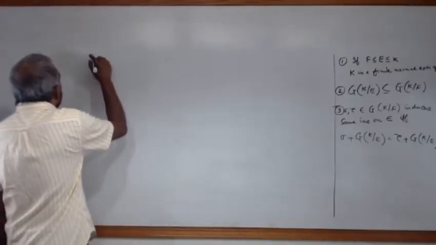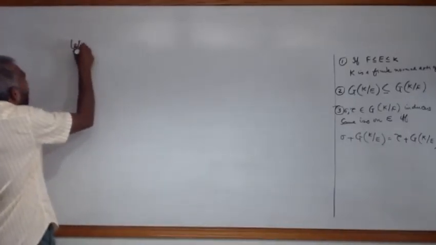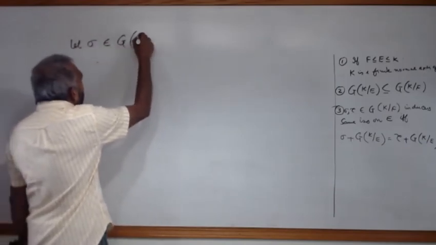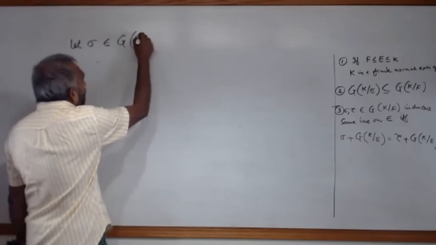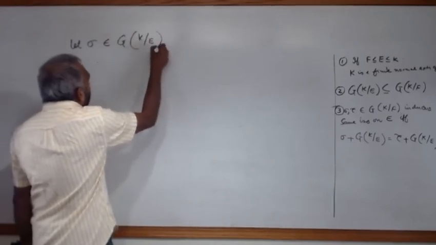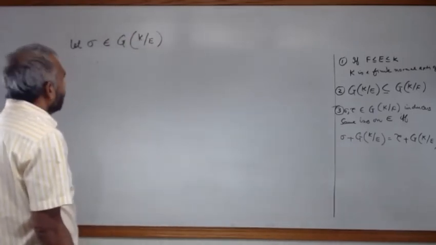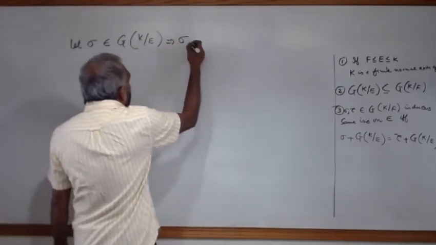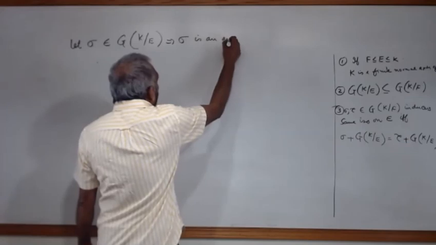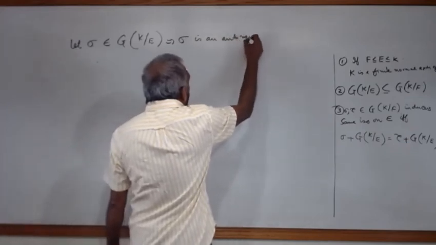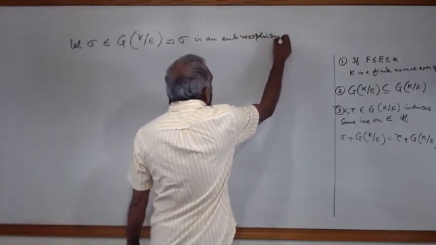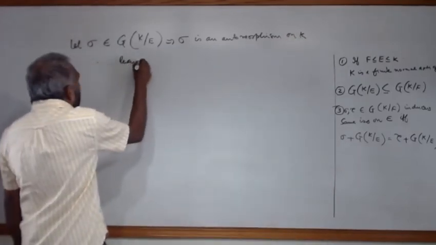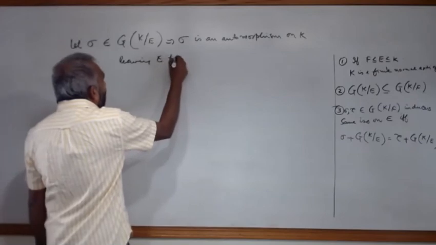So let sigma belong to G(K/E). That implies sigma is an automorphism on K leaving E fixed.